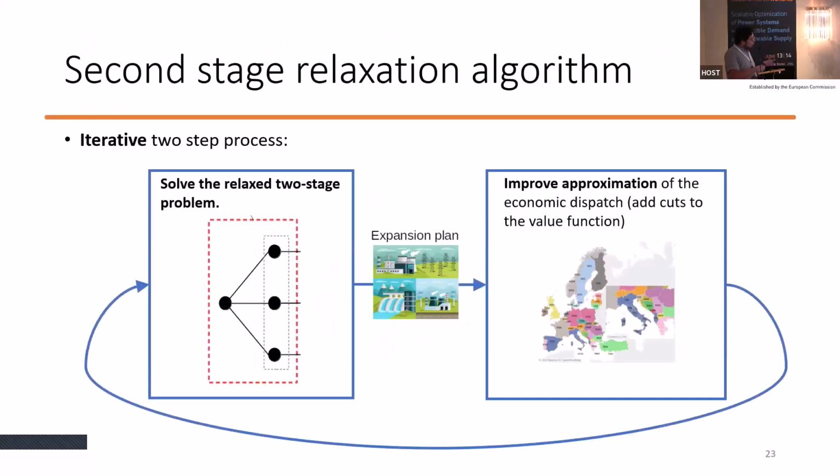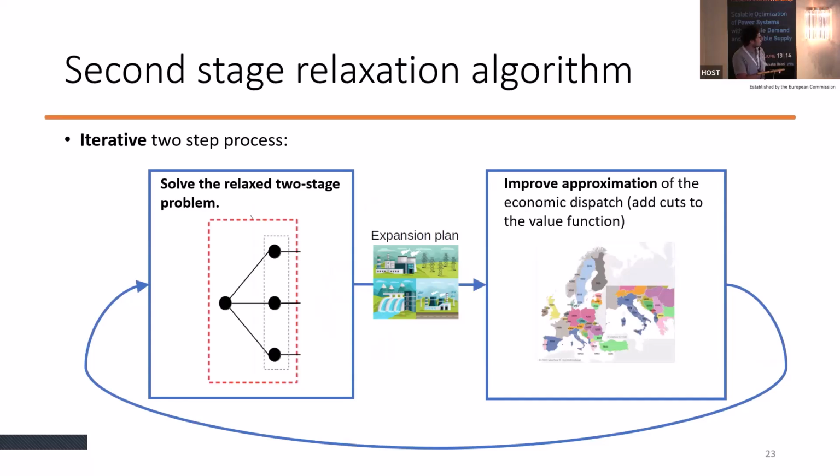Now if we put all this together, we arrive at our second stage relaxation algorithm, which is described as follows. It is an iterative, two-step process. In the first step, we solve a relaxed version of our two-stage problem.